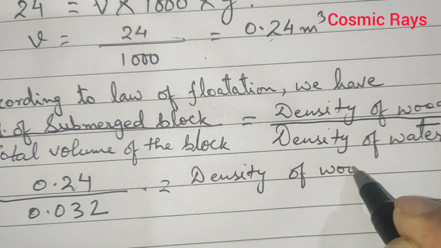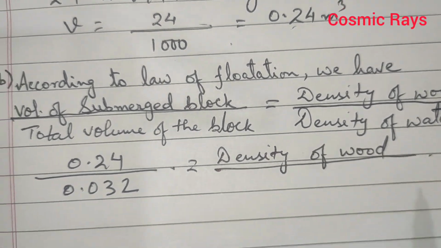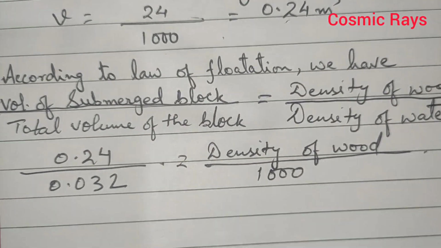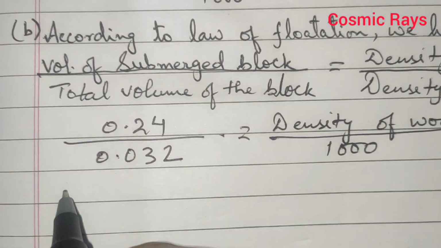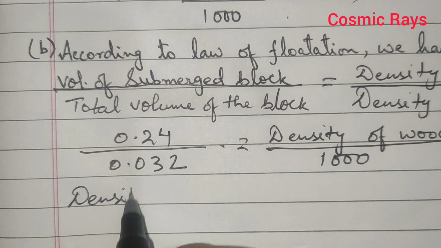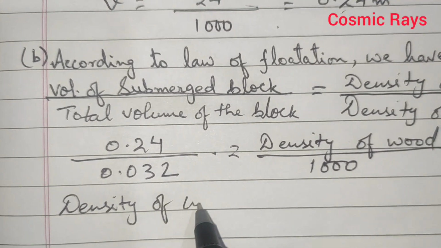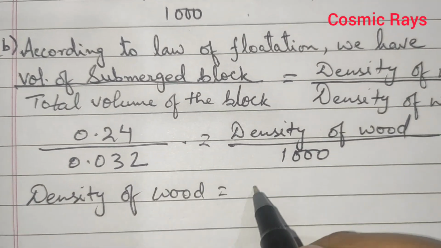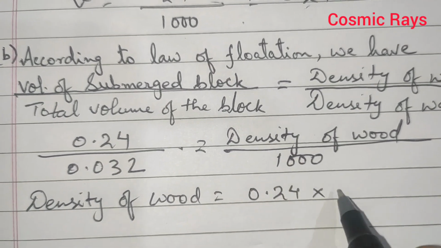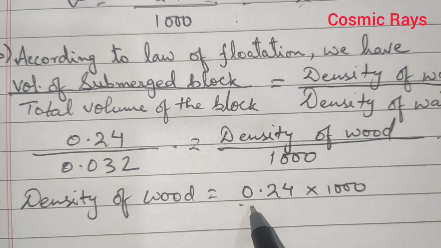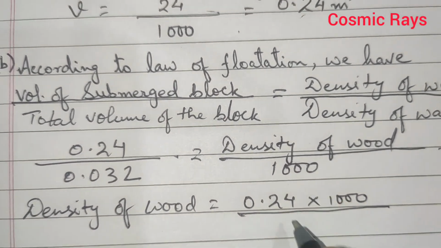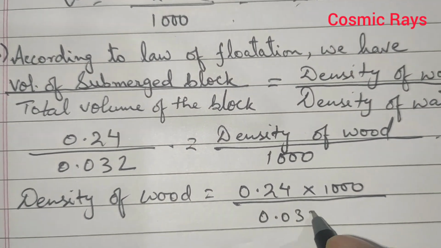Density of wood divided by the density of water, which is given to be 1000. So from here we can calculate the density of wood, that is equal to 0.24 multiplied by 1000 divided by 0.032.